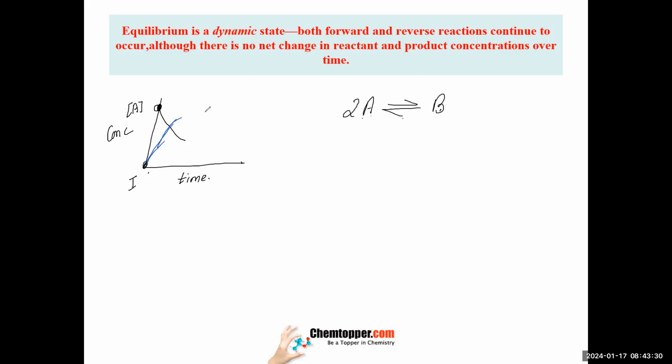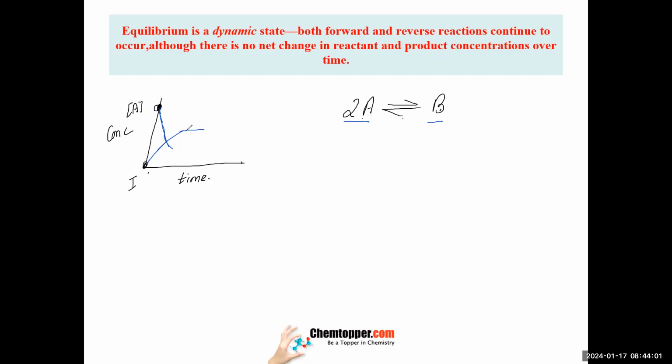Can you see the slope? The decrease is more, the increase is less. Two molecules of A disappear, so the decrease is more. When two molecules disappear, one molecule appears, so the increase is less, right?